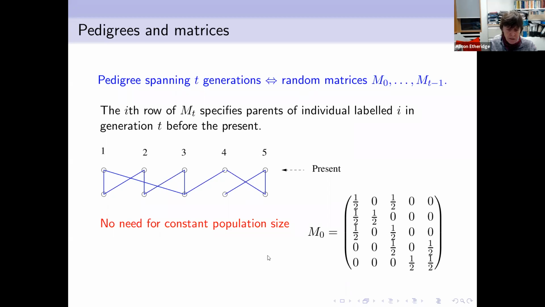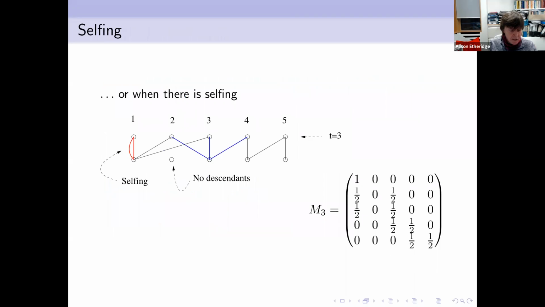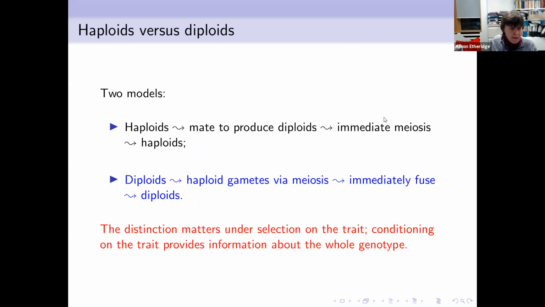Okay. And the half is just Mendelian inheritance. And when there's selfing, I just substitute a 1. So for example, here, the first individual, this was the 3rd generation in my previous picture, selfed. So both parents were labeled 1, and I just put a 1 instead of having 2 halves at that point.